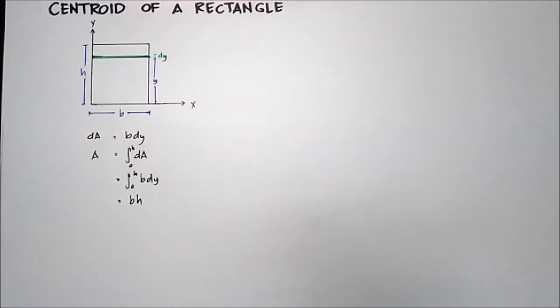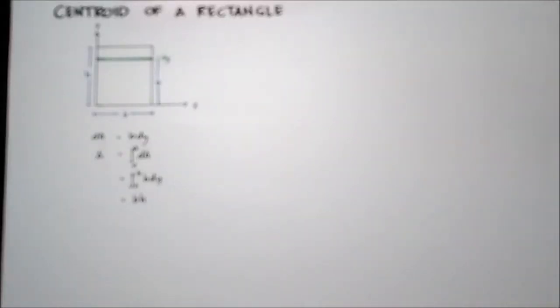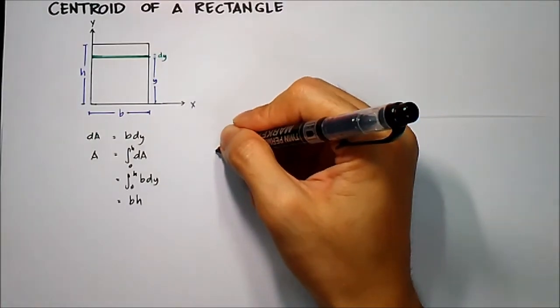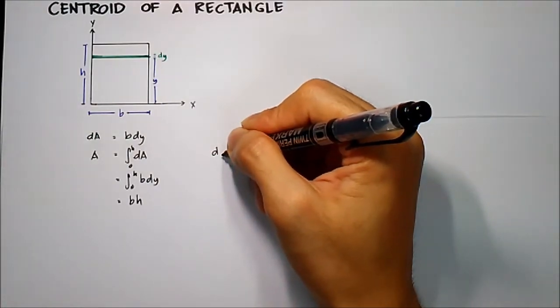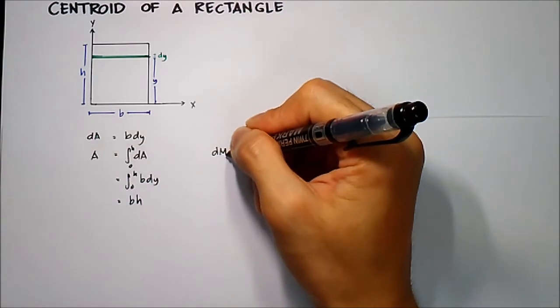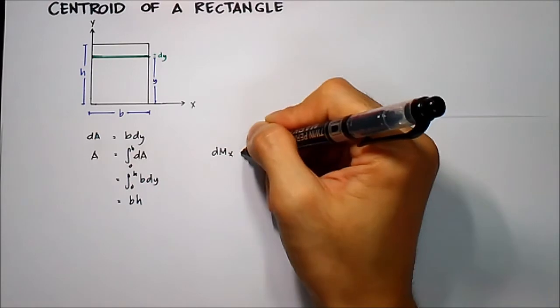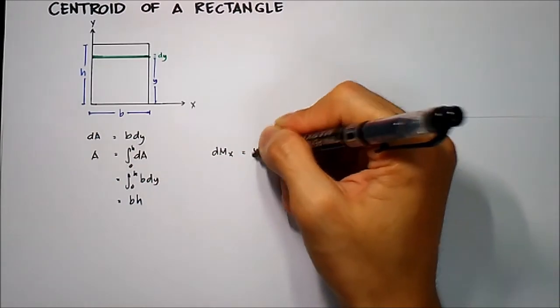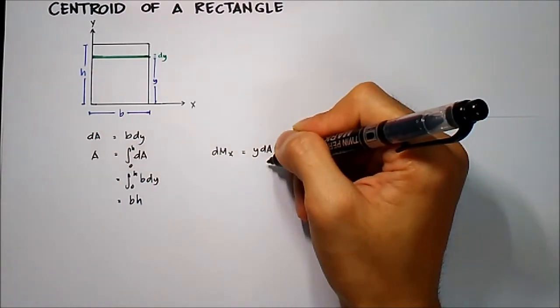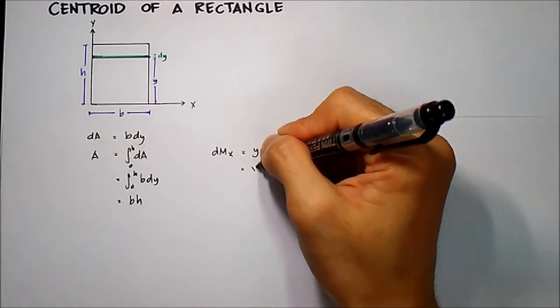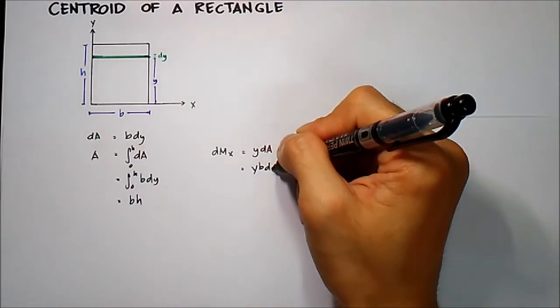As each point on this strip is at the same distance y from the x-axis, we can take moment of area of the strip about the x-axis as the distance times the moment about the x, which is equal to y times the differential area, which is equal to y b dy.